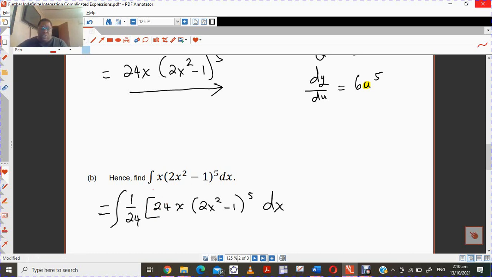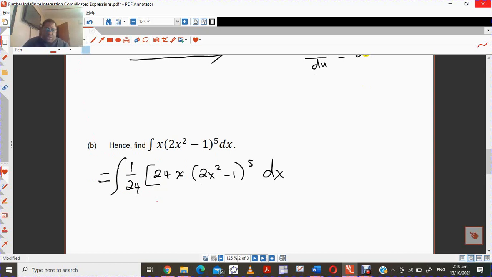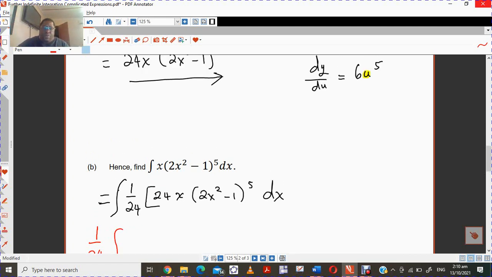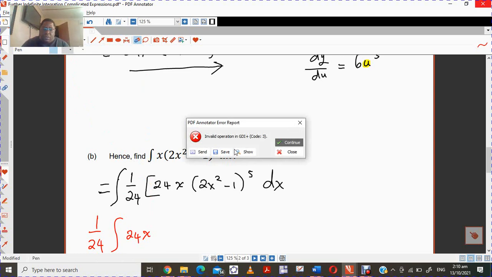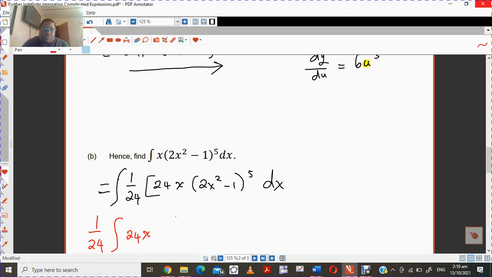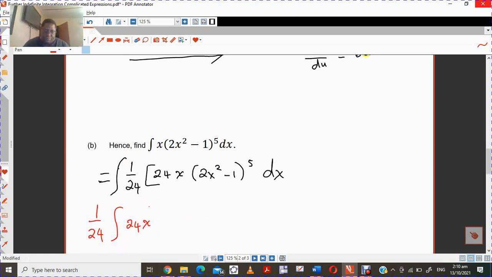Okay, so I can actually integrate now. We can pull out the 1/24, then you integrate whatever we got in our derivative, which was 24x(2x² − 1)⁵ with respect to x.